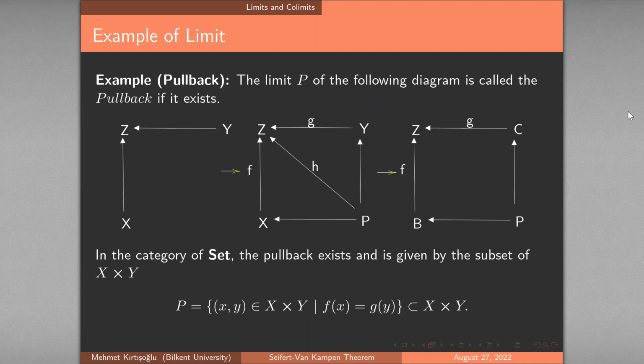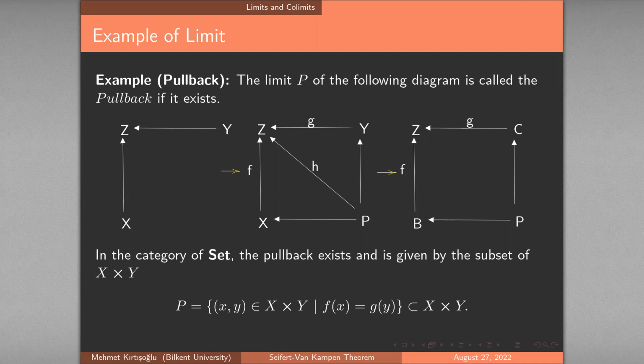Okay, here's an example of a limit. In this case, we have a diagram like this. Just think of it as the primitive objects we have. Then we are trying to find the limit. The limit in this case is called a pullback, if it exists.